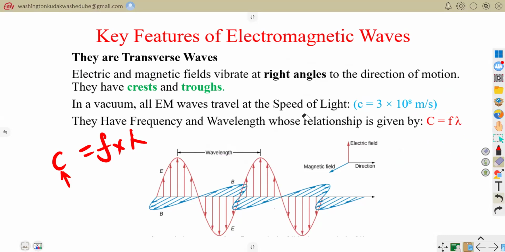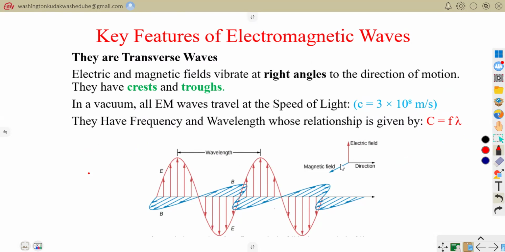And these pictures that I'm showing on these slides, I just took them from the internet. I just wanted them to serve as a clear depiction of how these waves propagate, as well as how you can identify their key features. For example, from this diagram we can determine the wavelength of electromagnetic waves.